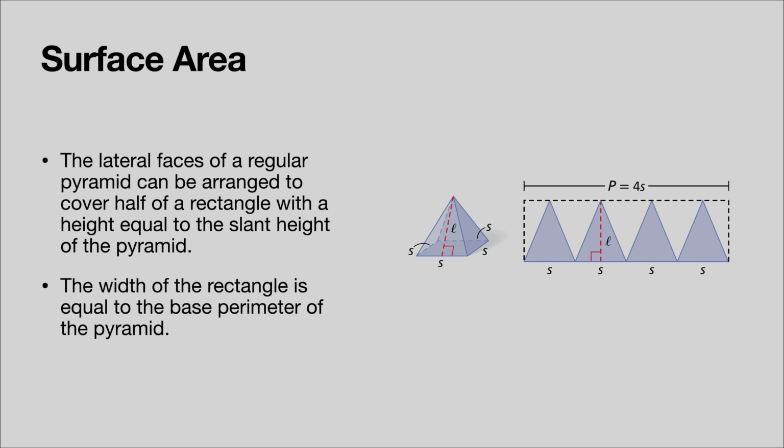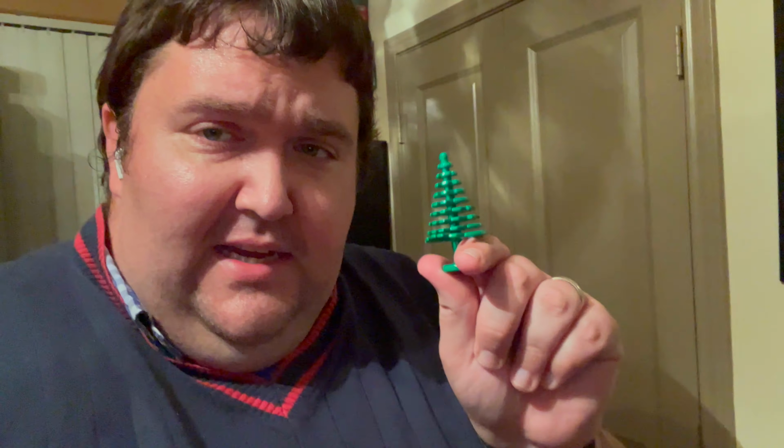So let me explain a little bit more, another visual of exactly what slant height is versus the normal altitude. So let's take a moment to talk about the difference between lateral height and altitude. Now, it was surprisingly difficult for me to find any sort of cone or pyramid until I found this tiny little Lego tree.